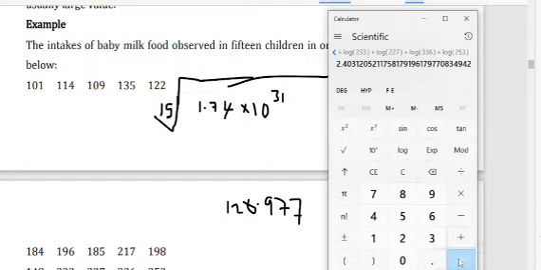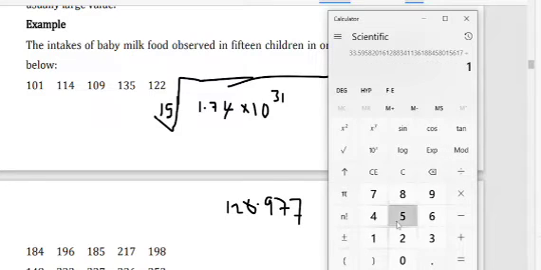So you are going to say equal to, then divide it by 15. Divide it by 15, the total number, 15.